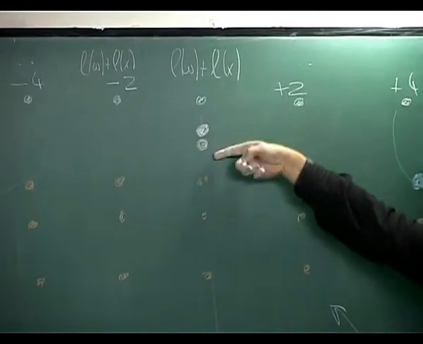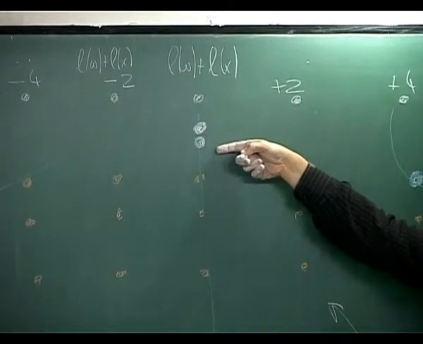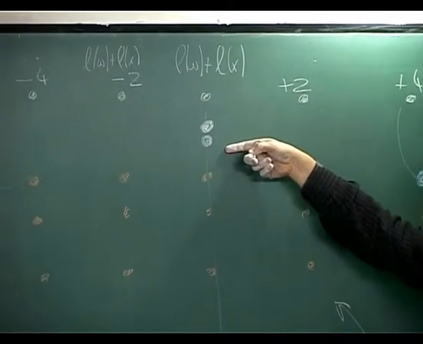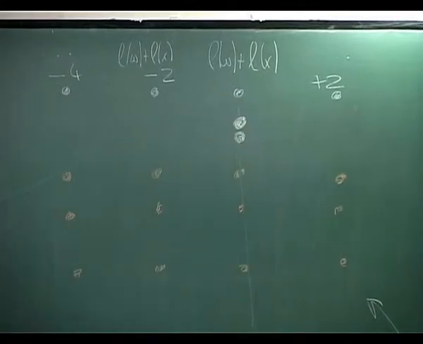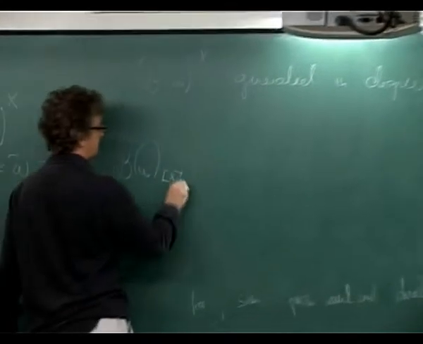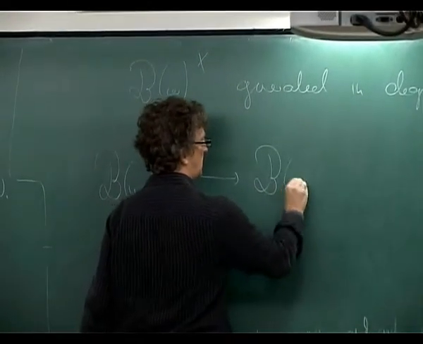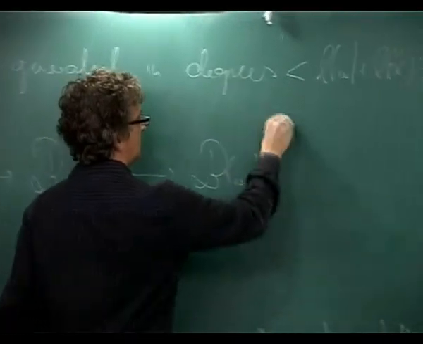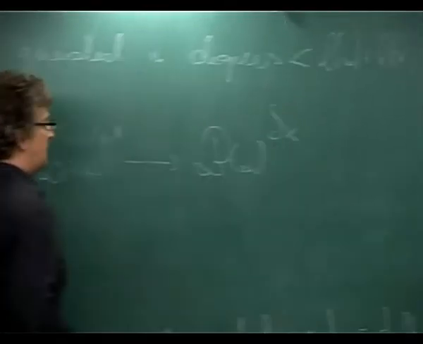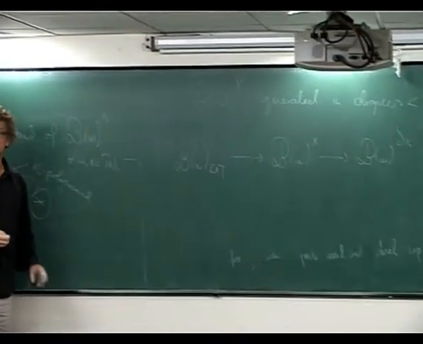And by this pyramid form, these two generators coincide. They're the same. But this would be absurd, because BW X to BW delta X is a short exact sequence.